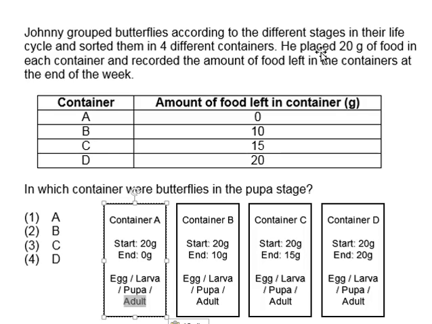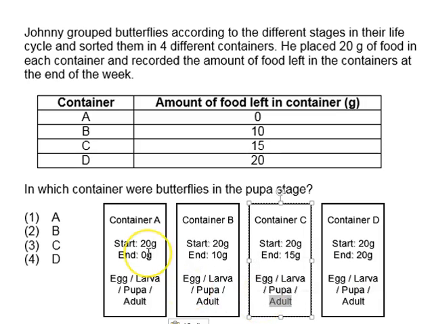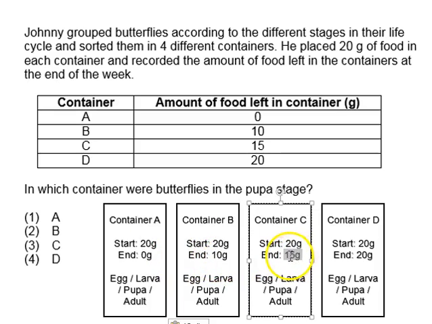It could be the leaves, it could also be nectar, it could be both. So we can't tell for container A, we can't tell for container B, we can't tell for container C, all for the same reason, because there was a change in the amount of food. All right, so that means there was either a larva stage or an adult stage in the container, and it ate up the food.